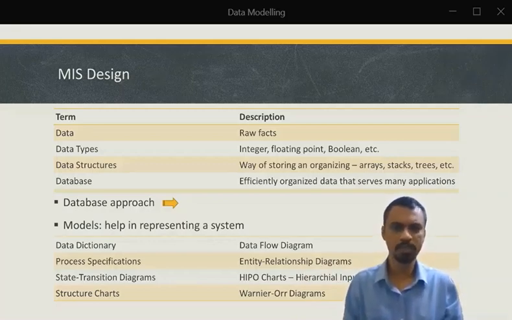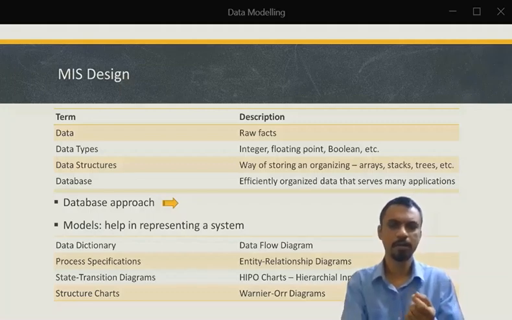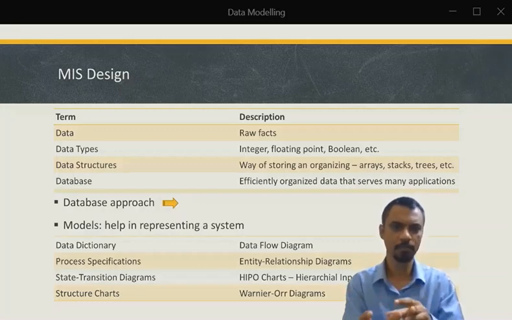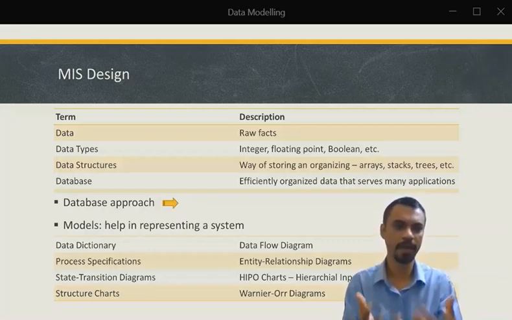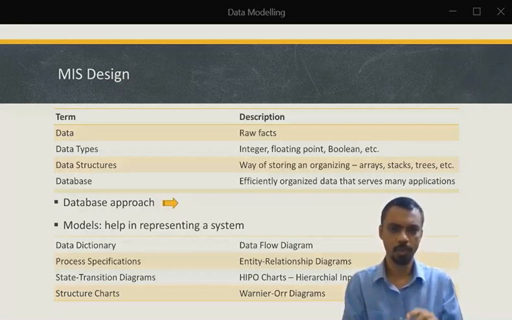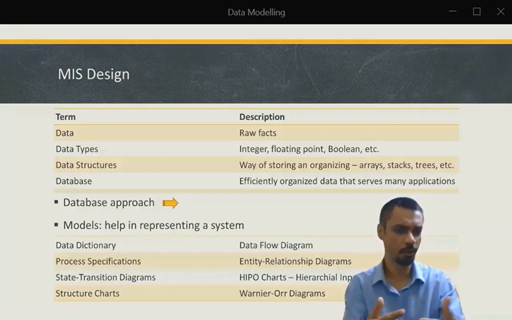Then you have process specifications. That means we tell what is going to happen in the system. If I submit a form, what is going to happen? Let us say you are making a payment of an electricity bill. You enter everything, and when you hit click, a process follows.